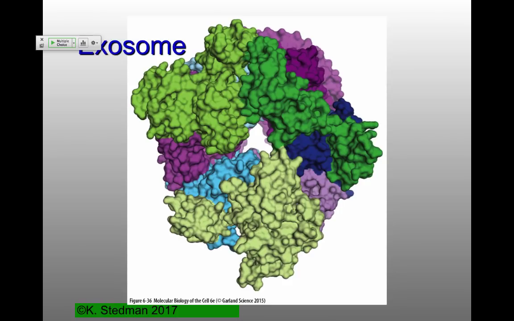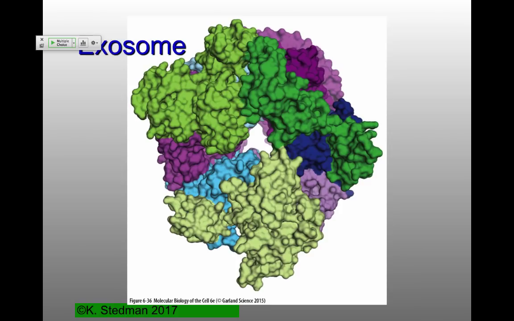So a couple of people have asked me in office hours, what happens to that RNA in the introns? And remember, introns are usually way bigger than the exons. So you've got a lot of extra RNA floating around inside the cell. The process that takes care of this is something, again, I think a horrible name, but it's what everyone uses, the exosome. What the heck is an exosome?